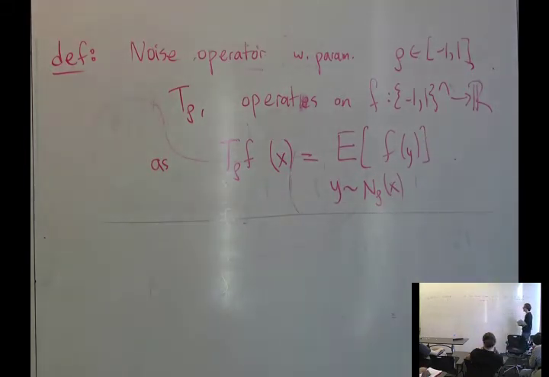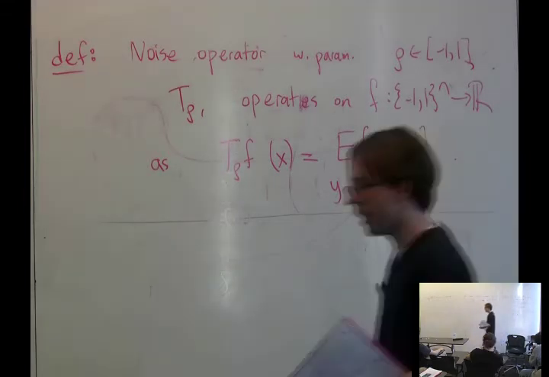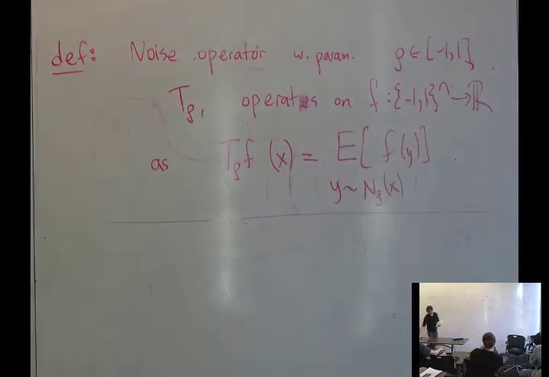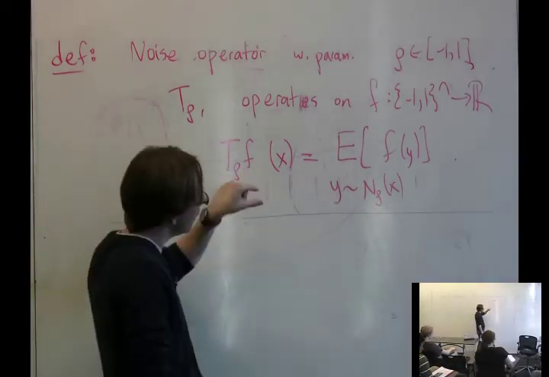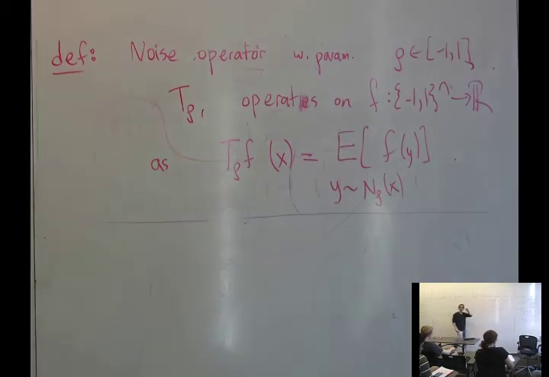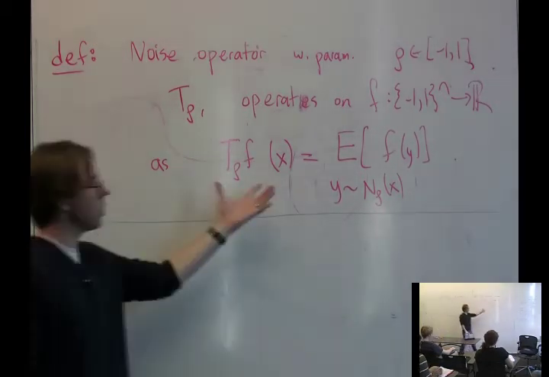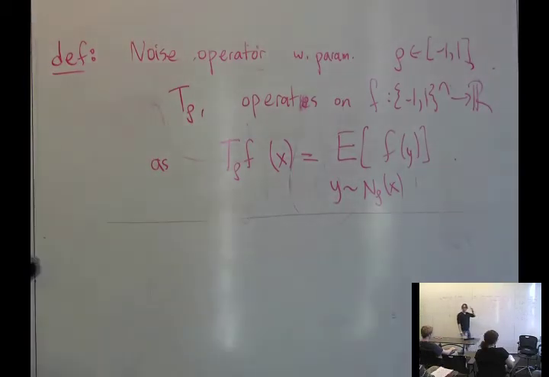Okay? So the best way to think of this operator is like a smoothing operator or some sort of convolutional operator. Given f, T rho of f at a point is, instead of just f's value at a point, you kind of average f's values over a neighborhood of x at a high level.